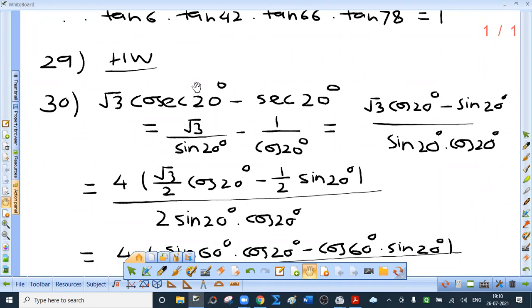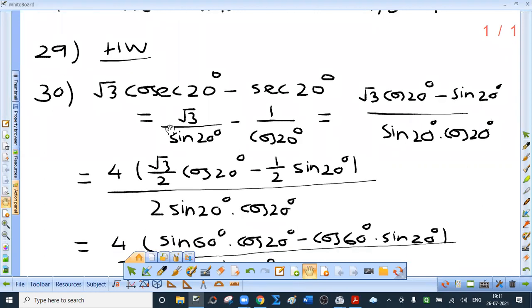You have to begin with LHS and here you have to use values of sine 18 degree. What is that? Root 5 minus 1 by 4 and cos of 36 degree as root 5 plus 1 upon 4. Okay. I'm going to upload the solution also, but before that you should try.